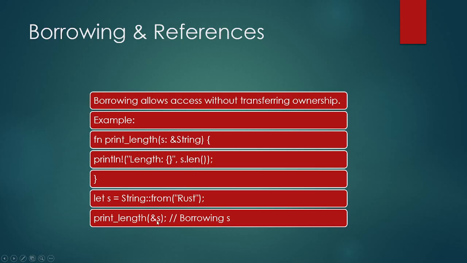When we are passing the reference, we are doing the borrowing of it. The print length method will borrow the string variable and perform the operation, getting the values, and once it is done, it will pass the ownership back to the s variable. That is the thing. I hope this is clear for everyone.